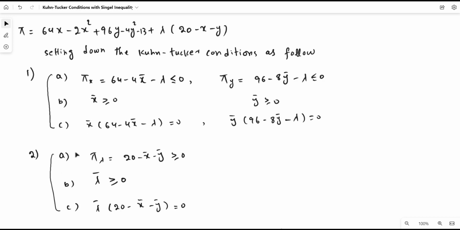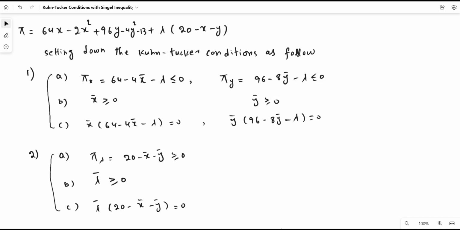The second three conditions are: you take the derivative of the Lagrangian function with respect to lambda, and it should be at least equal to 0. Note that in the first half, condition 1a is at most equal to 0. It is because we maximize the Lagrangian function there. But since we minimize the Lagrangian function with respect to lambda, the first order derivative of the Lagrangian function with respect to lambda should be at least equal to 0.